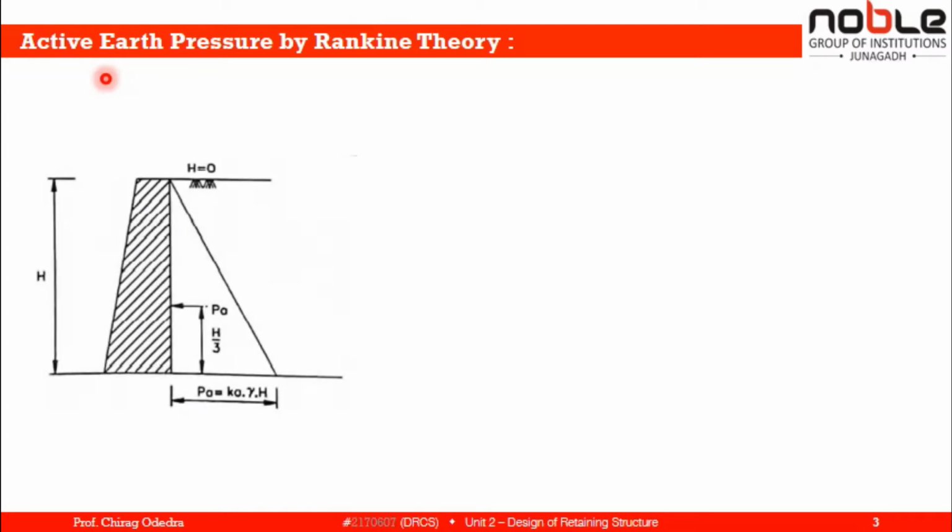In our last video, we discussed various forces acting on the retaining wall. The first force is lateral earth pressure. This earth pressure is applied by the earth to the retaining wall. To compute this earth pressure, Rankine gave active earth pressure theory for 5 types of cases. So let us discuss these cases one by one.